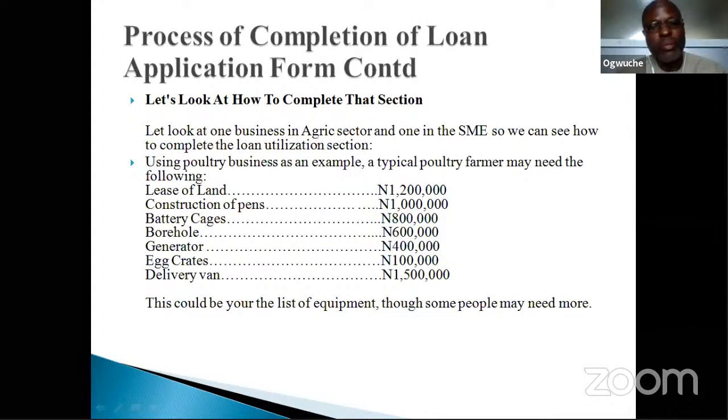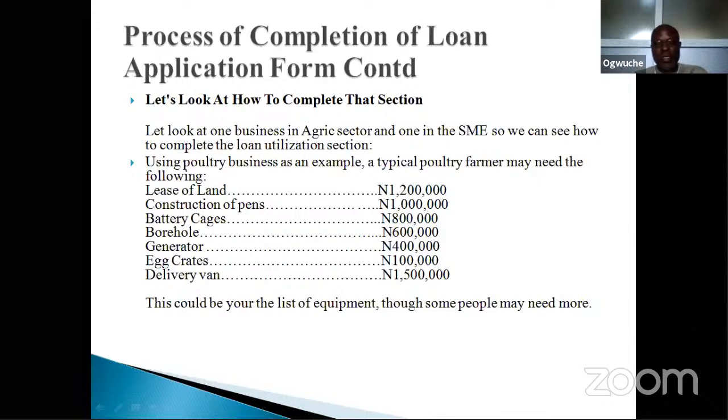Using a poultry business as an example, these are the things a typical poultry farmer will require: lease of land, say 1.2 million; construction of pens at 1 million; battery cages at 800,000; borehole at 600,000; generator at 400,000; egg crates at 100,000; and delivery van at 1.5 million.